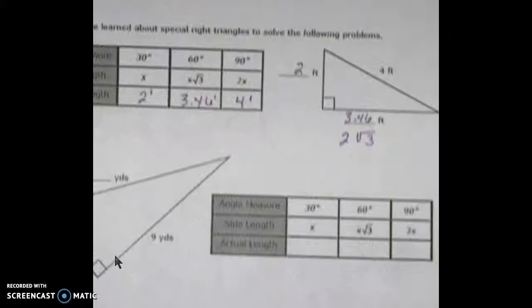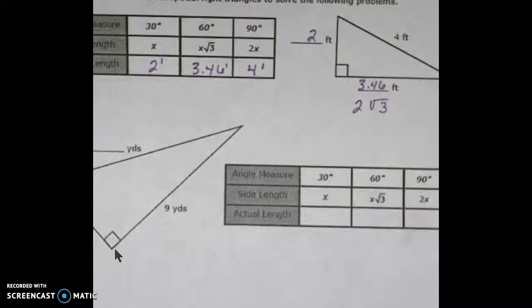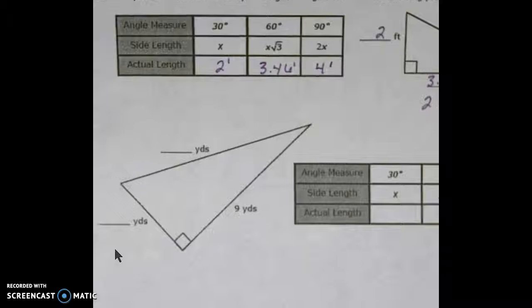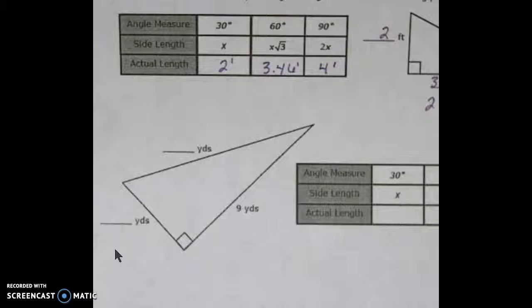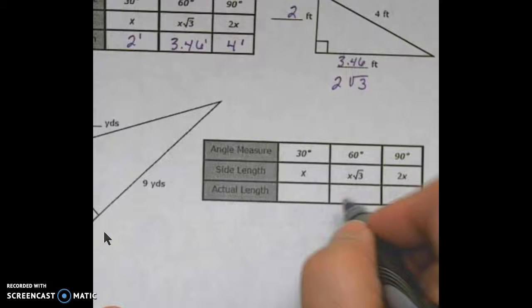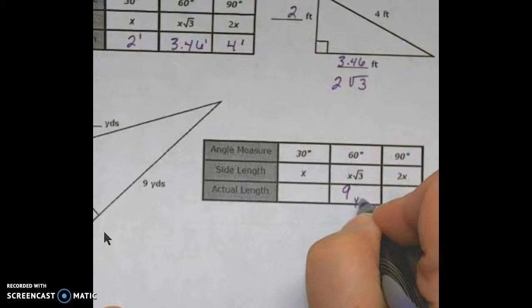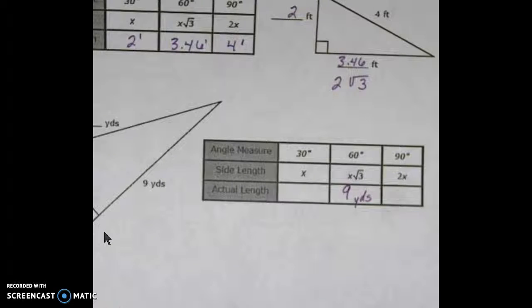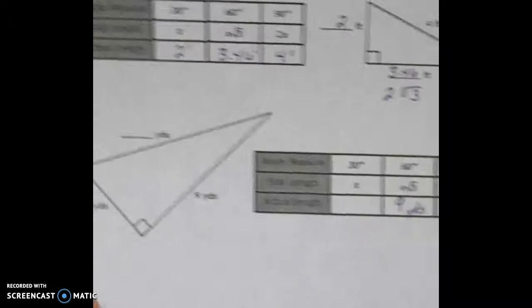If I look at the last problem, notice that I have a 30, 60, 90 degree triangle, and this time I'm given the longer leg, that medium side, of 9 yards. So that information goes in my chart. I need to figure out what the shortest side is before I can figure out the longest side.